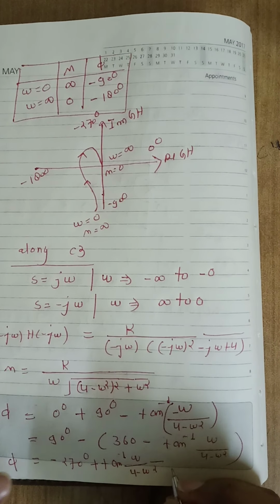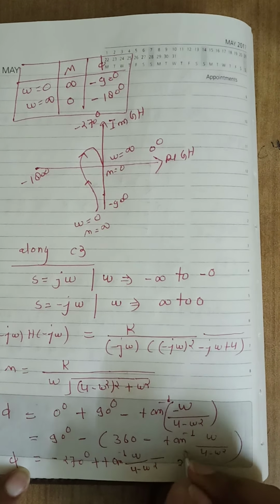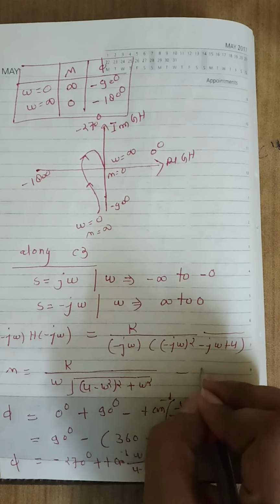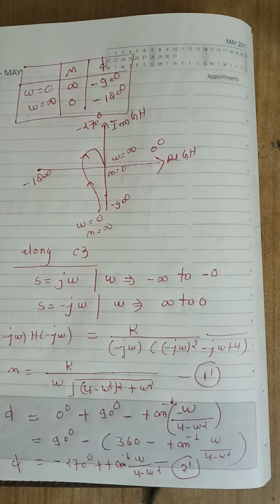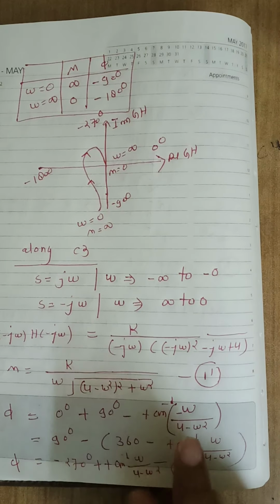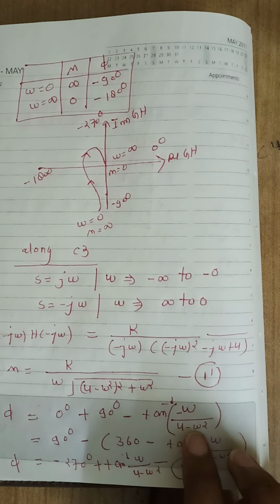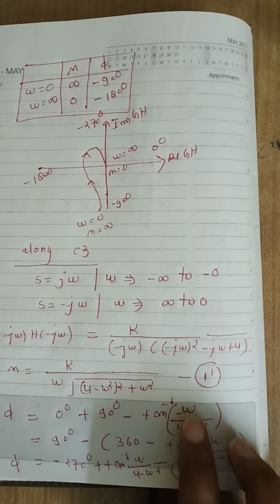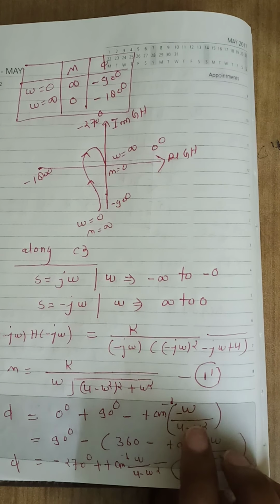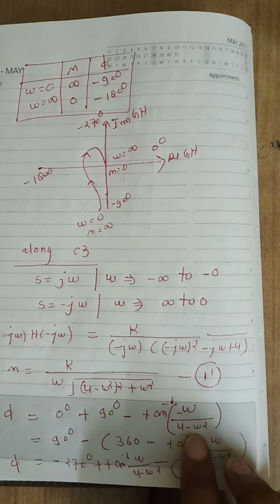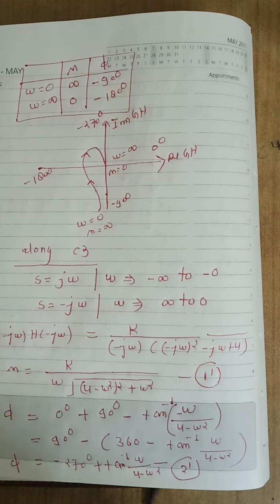So this is a phase angle equation, you can say second dash. This is magnitude equation, you can say first dash. Because for tan inverse minus omega over 4 minus omega square we have negative value for y, and we have positive value for x, so we have point in fourth quadrant.